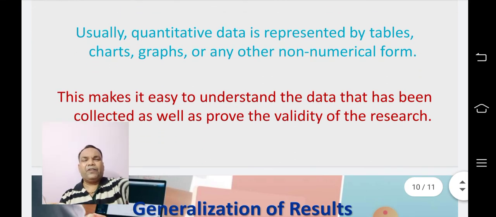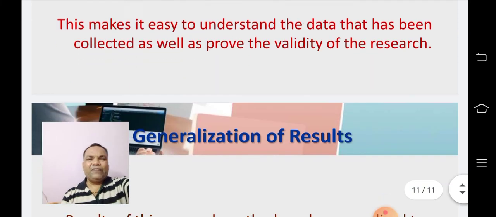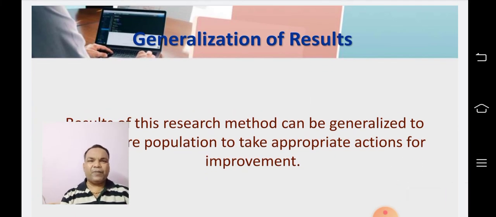So, representation of numerical data is made through tables, graphs, charts, etc. But the thing that counts here is that the data collected in quantitative research are all numerical. This makes it easy to understand the data that has been collected as well as prove the validity of the research.